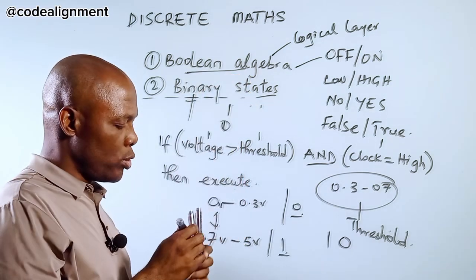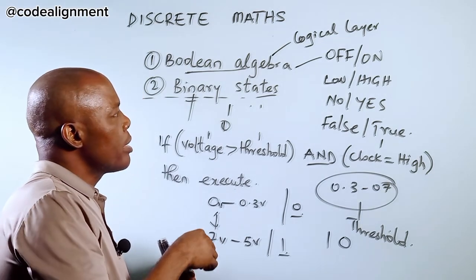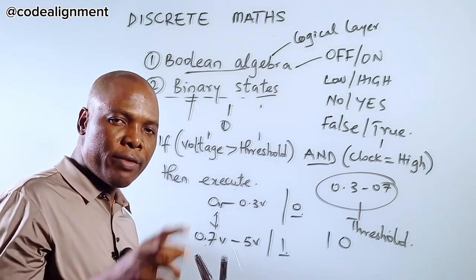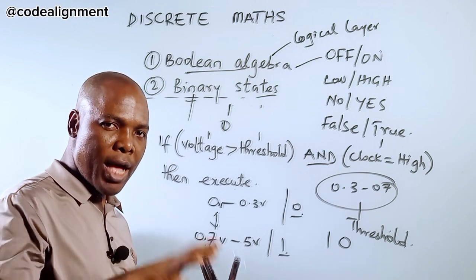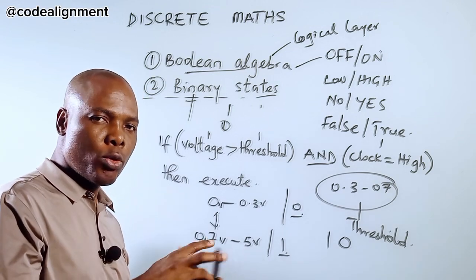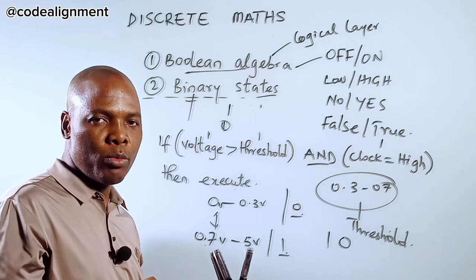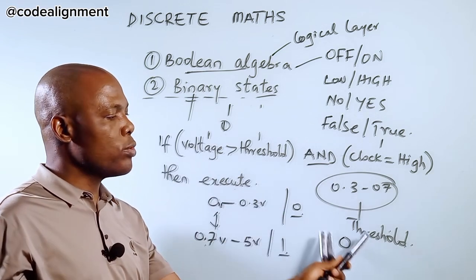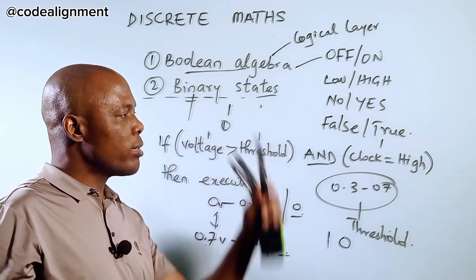So that is what I want to show you in this class. Binary state is what remains after ambiguity is removed. Continuous flow has ambiguity; it will confuse the transistor to switch. Once that ambiguity is removed, what remains is binary state. And to do that, you have to use threshold.